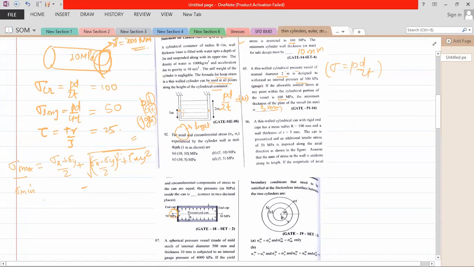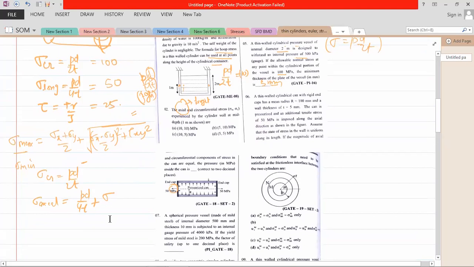First of all, your sigma circumferential is PD by 2T, and your sigma axial is PD by 4T plus sigma, because of the additional load of 50 kilonewton. So you need to find the value of the pressure.